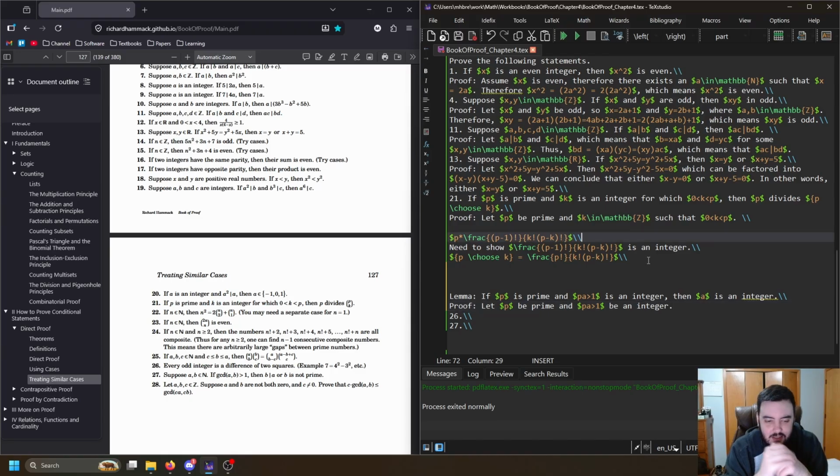This is blowing my mind. This is not true for all n. Why does P have to be prime? Doesn't everything divide the binomial coefficient, like that setup?